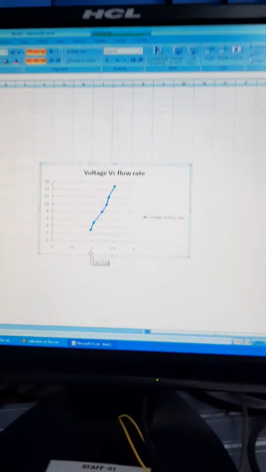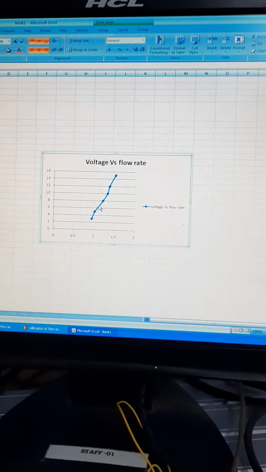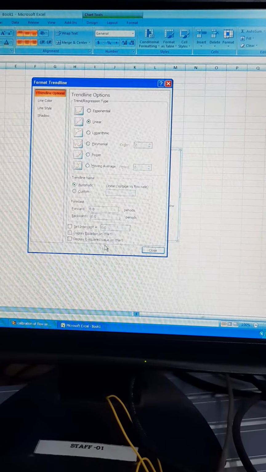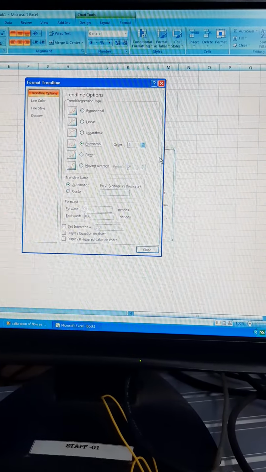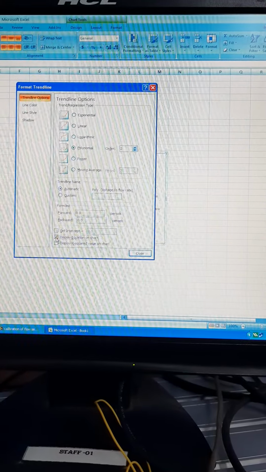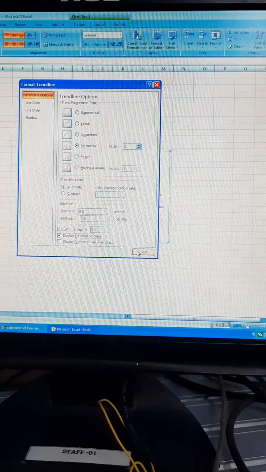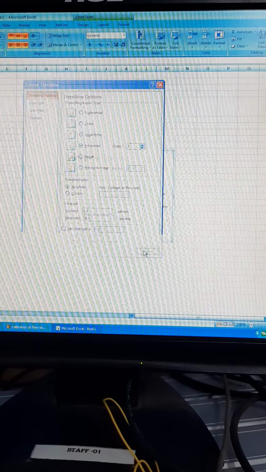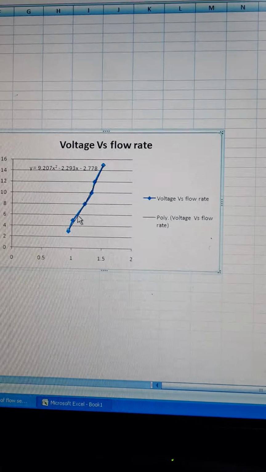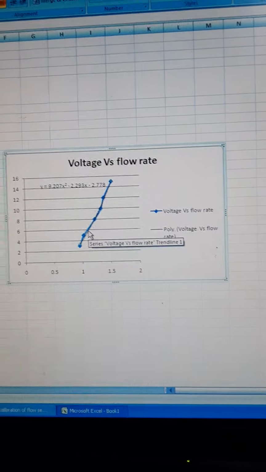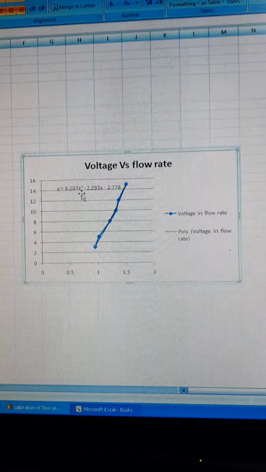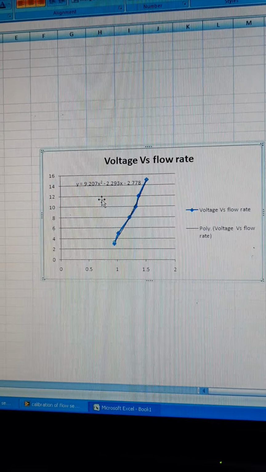We can add a trend line. You can see a trend line has been added onto this graph. The equation of the trend line is also shown on this graph.